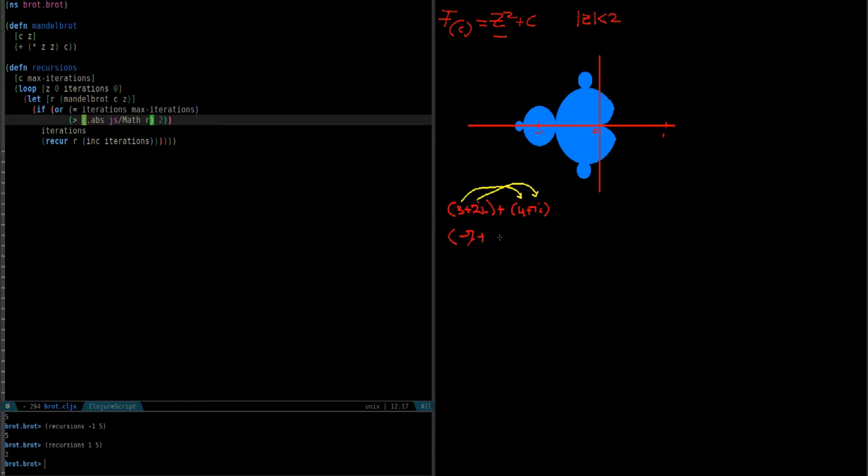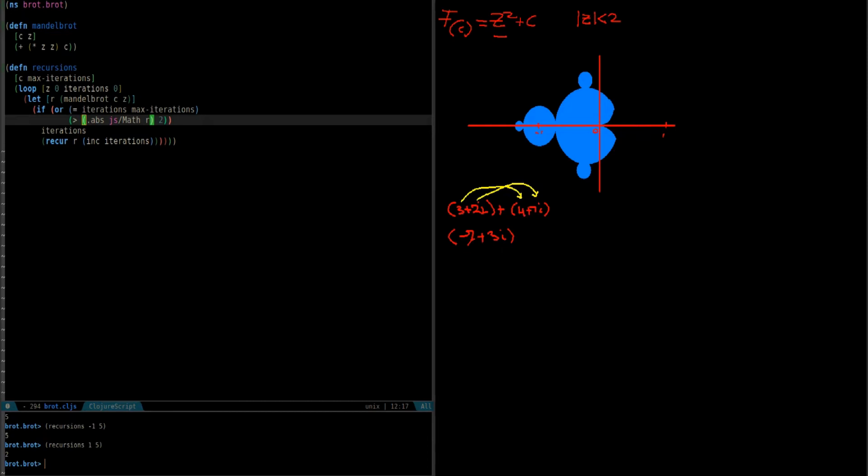If I have 2 oranges and I add 1 orange, I get 3 oranges. That is 3i. So, the answer to 3 plus 2i plus 4 plus 1i becomes 7 plus 3i.